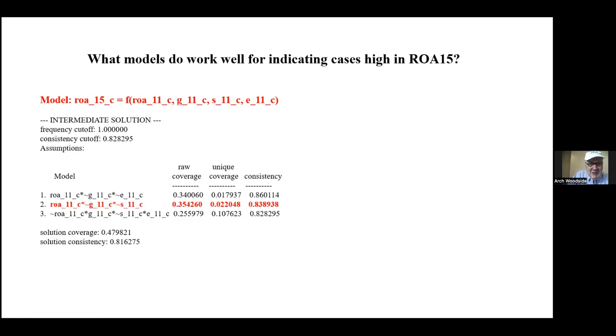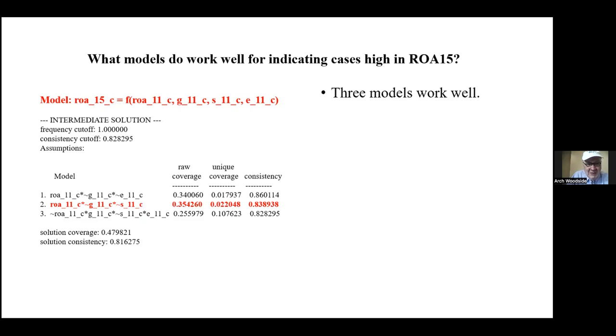So saying that cases or firms that did high in return on assets in 2011, right here, and actually did well on governance or badly on governance. The point is on this model that I use the data analysis command, so it'll model anything that works among these combinations.